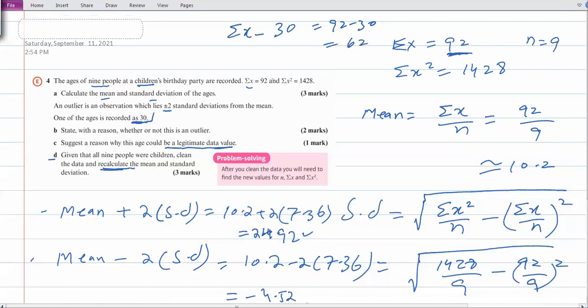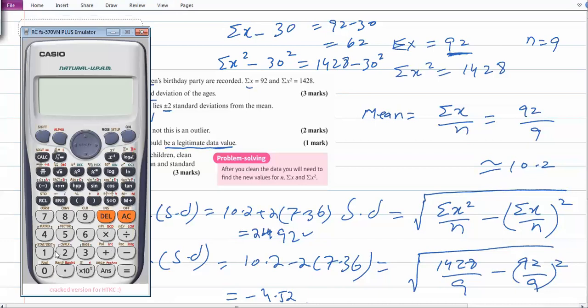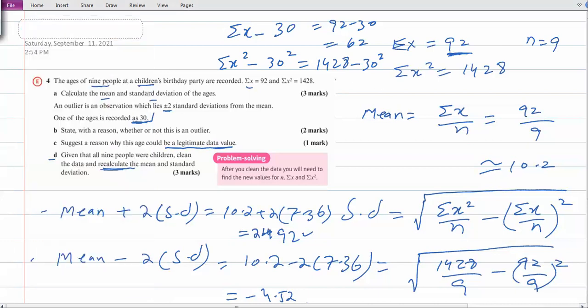In the same way, for the standard deviation, from sigma x square you subtract 30 squared, because it is the square of the values. So 1428 minus 30 squared gives you 528. This is your new sigma x square.